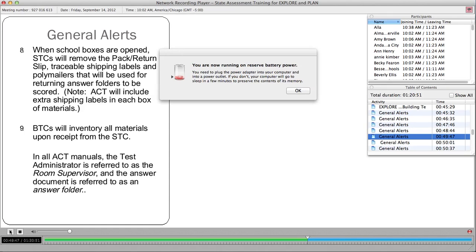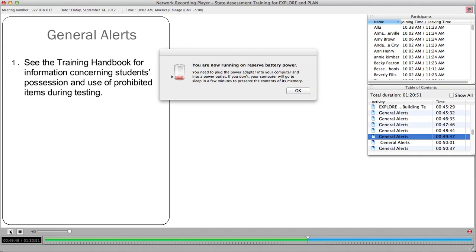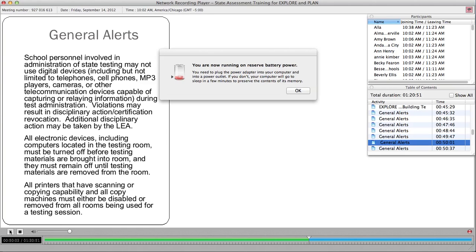Okay. We talked about the information concerning students' possession and use of prohibited items during testing. Please make sure that everyone in the school is aware of those policies concerning prohibited items. That would include your hall monitors and anyone participating in testing that are not necessarily in the testing room.